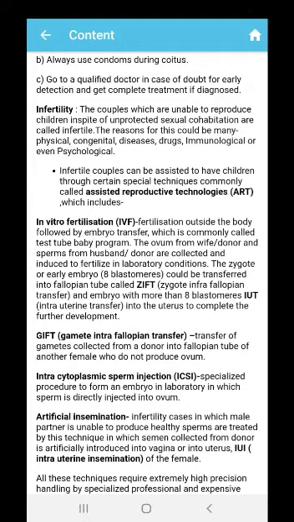It can be ZIFT, that means zygote intrafallopian transfer, that means the zygote doesn't develop into the embryo, but in the zygotic stage that cell is transferred directly into the fallopian tube and the further development takes place inside the female.